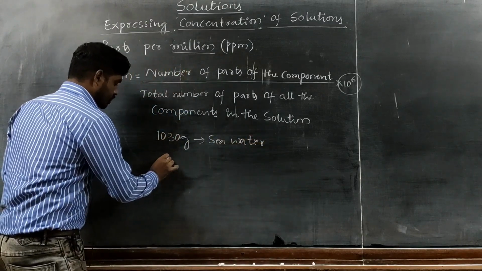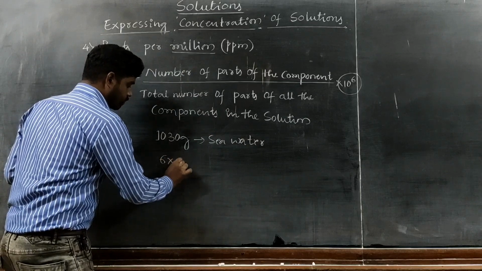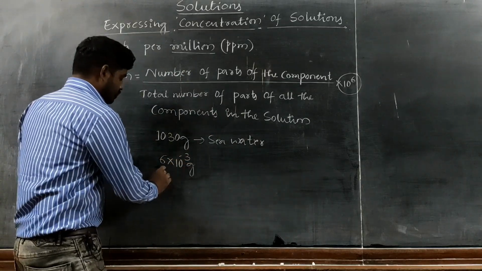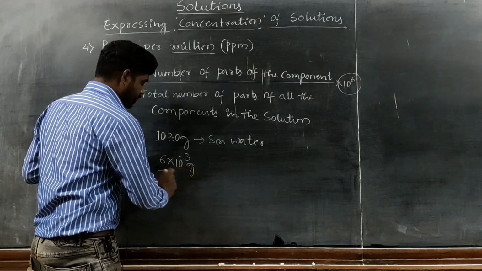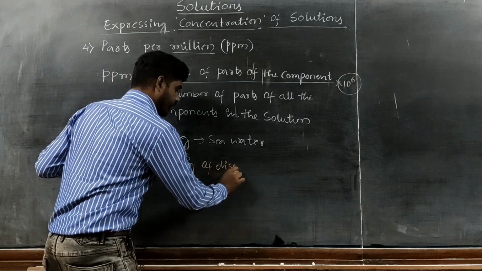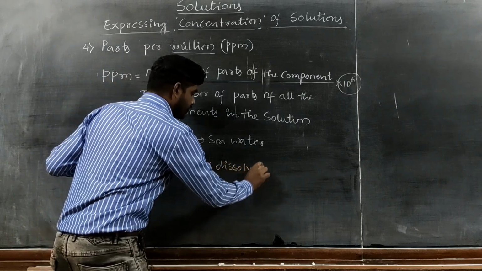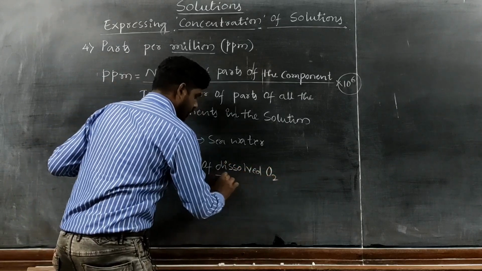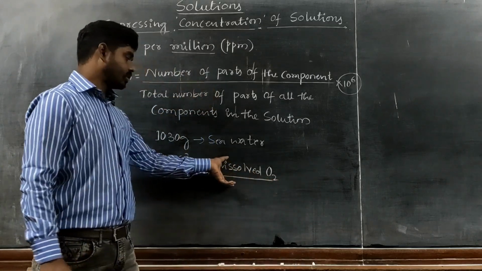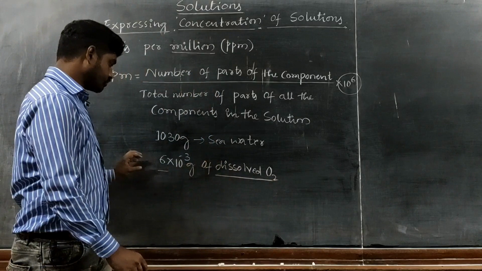It contains 6 into 10 to the power of minus 3, that is 6 into 10 to the power of minus 3 gram of dissolved oxygen. So while explaining the types of solutions, I have explained about this dissolved oxygen, which comes under the liquid solutions.